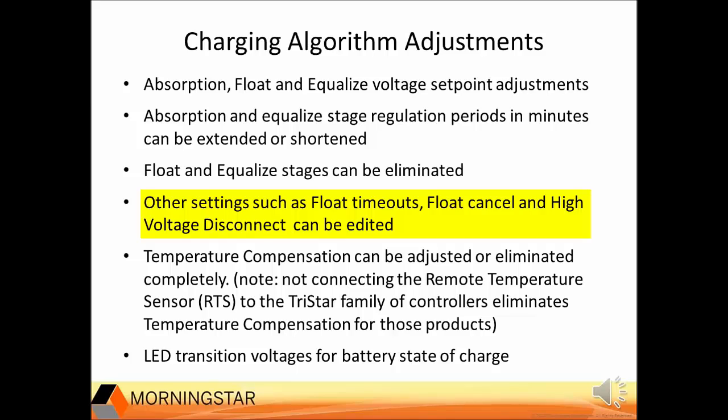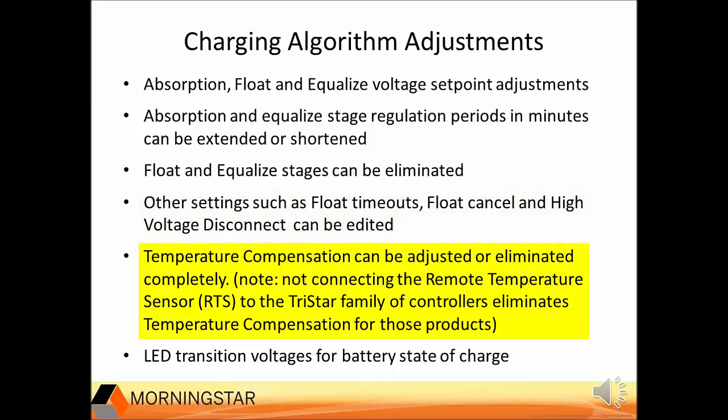Float timeouts would be an example that you can drop out of float if you cannot maintain the float voltage. Float cancel would be if the battery voltage gets very, very low, you can go through a full day of charging to recover the batteries to a full state of charge. And then there's other settings as well.